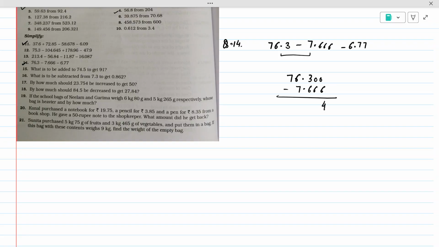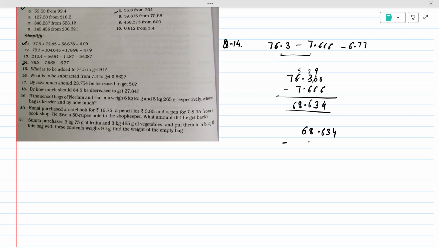Then 9 minus 6 we will get 3 here, and then 12, because we are left with 2, 12 minus 6 is again 6 here, and here we'll get 5, 15 minus 7, 8, and then 6. So now we have got this number, I'm writing here 68.634, which we have got by subtracting these two. So the answer of this is this.